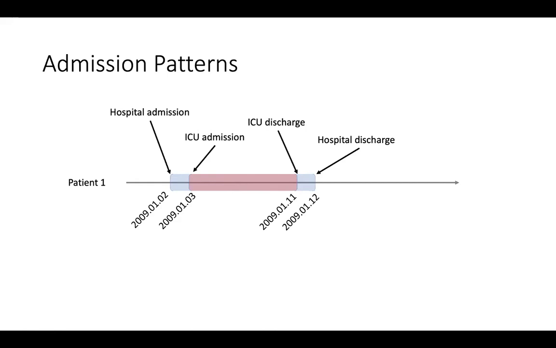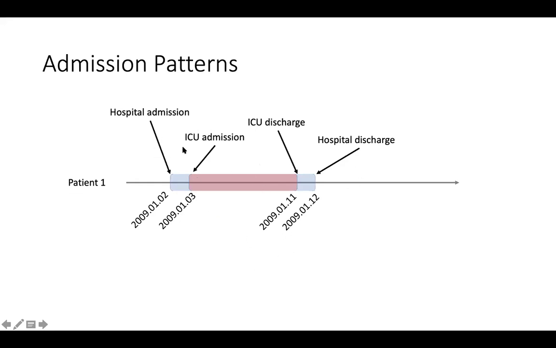So this is what you call an ICU discharge. This is ICU admission, and this is ICU discharge. ICU에서 퇴원한 거죠. And then after one more day in the hospital ward, the patient was discharged from the hospital completely. 이거는 ICU에서 나온 거고, 요거는 병원에서 나온 거예요. 요게 두 개가 다릅니다. So ICU discharge and hospital discharge are different things.